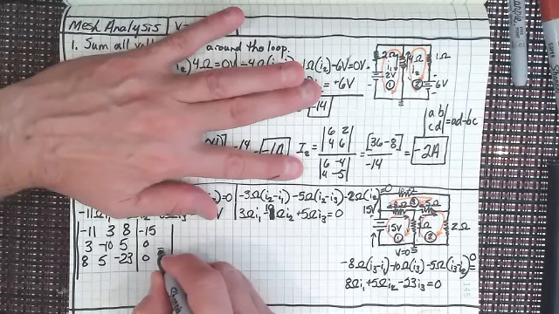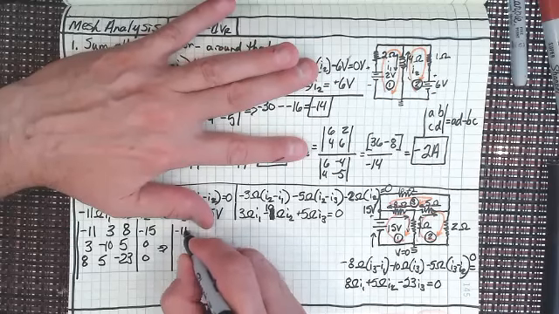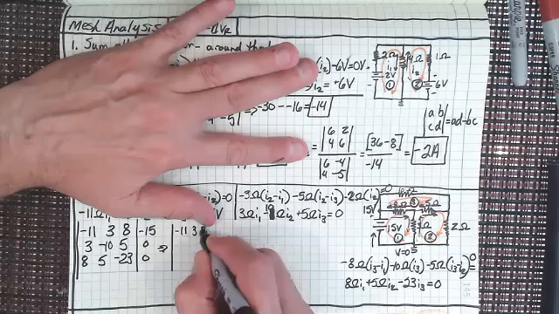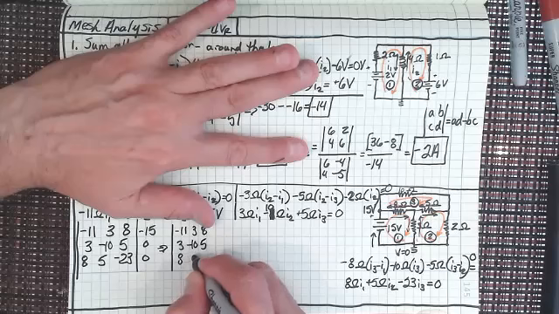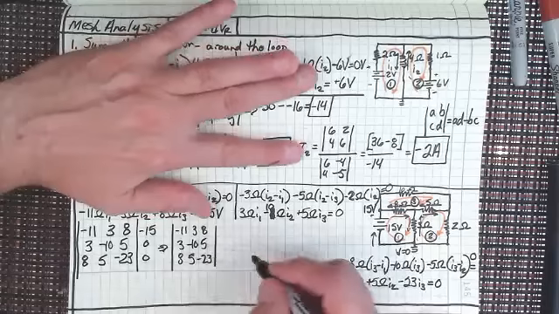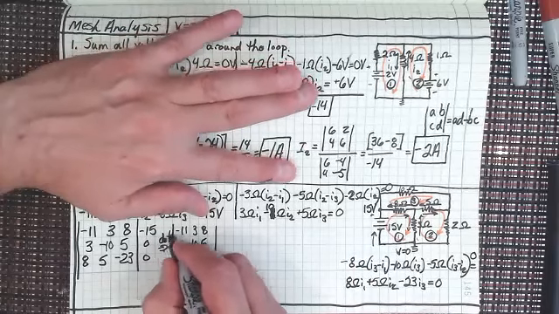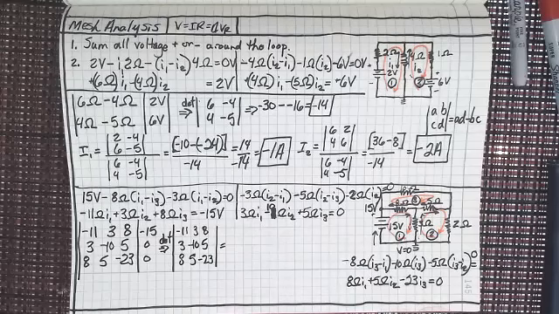I'm just going to put a little arrow there and say that minus 11, 3, 8, 3, minus 10, 5, 8, 5, minus 23, the determinant of that. Let's just, let's see.